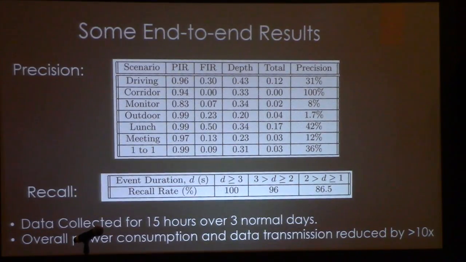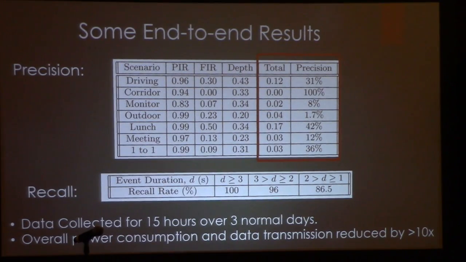I recorded with that system over 3 days and collected more than 15 hours of data while doing normal things: driving, having lunch with friends, going for a short walk, and a few other scenarios. The interesting thing in the highlighted part is that the pass-through rate, or how many frames have not been rejected by the system, is pretty low.